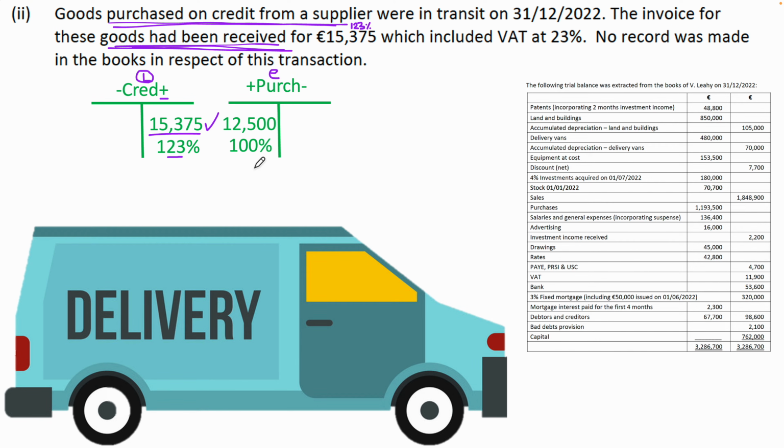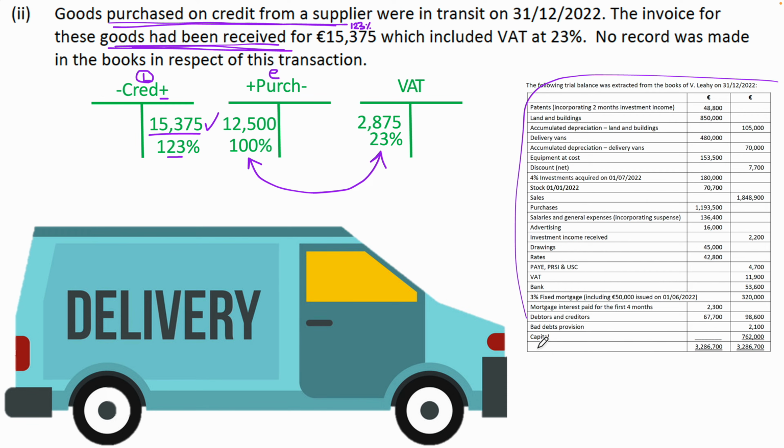Now, what about the VAT? So VAT has to be recorded on the same side as the item that it is attached to. And in this case, it is the purchases account. Okay, so we have to debit that also. All right, so 12,500 on the debit side, 2,875 on the debit side. Now, why do I have the trial balance out here?